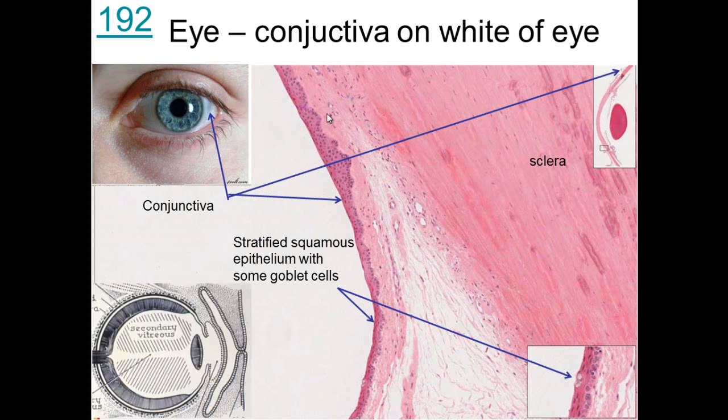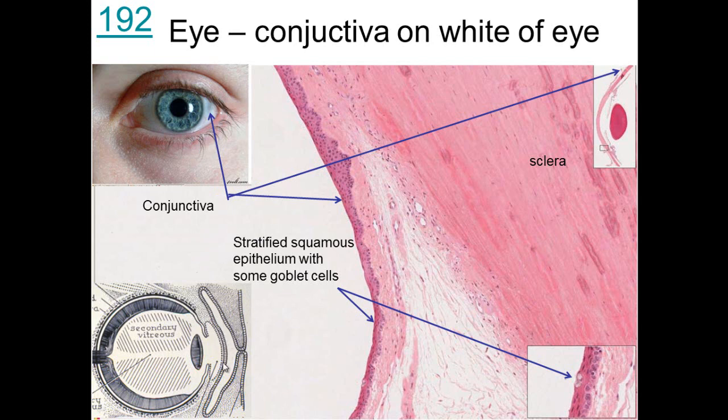Whenever the cornea was developing, here's the cornea here, the stratified squamous epithelium from the skin came in through there and made the conjunctiva surrounding the inside of the eyelid, as well as covering the white of the eye as well.